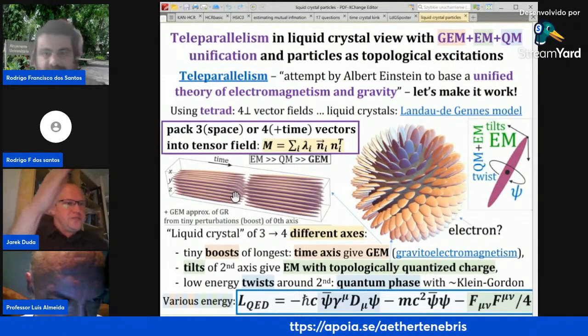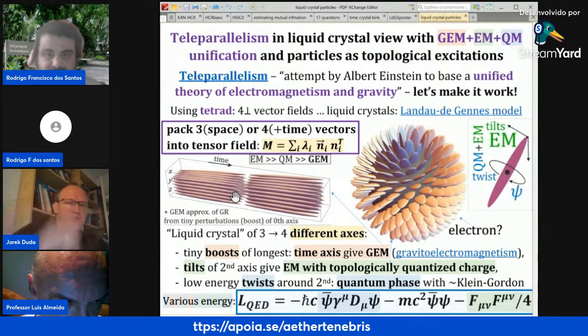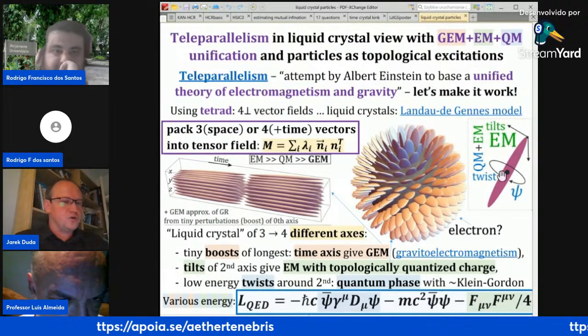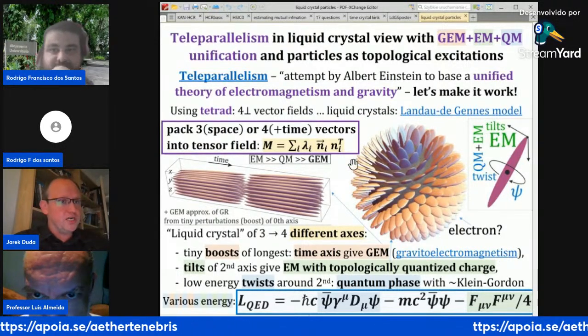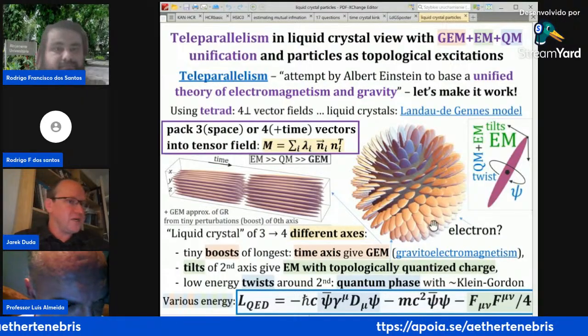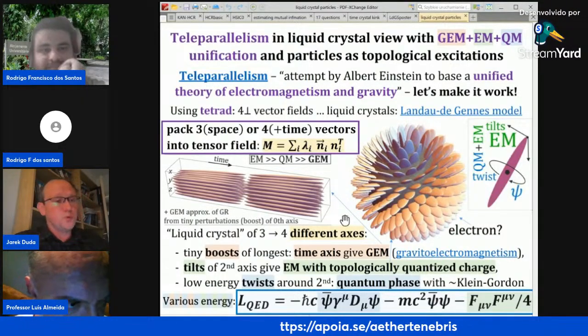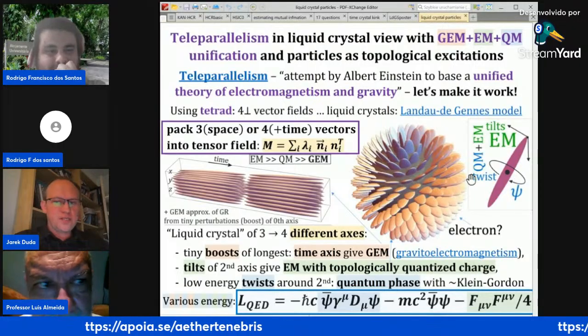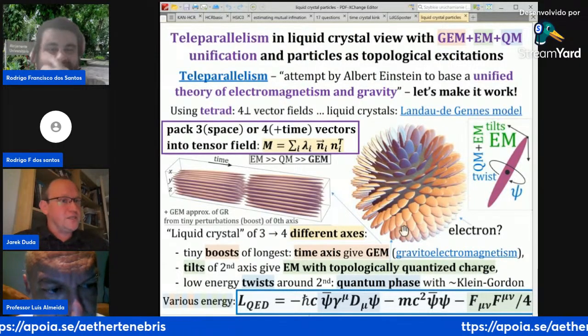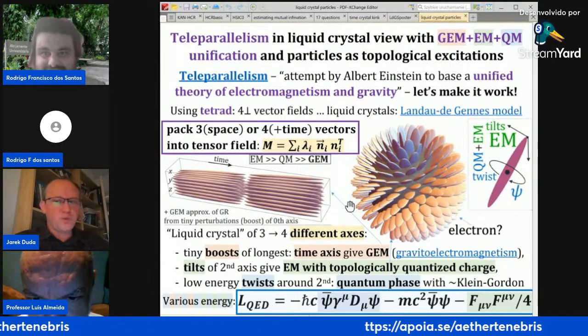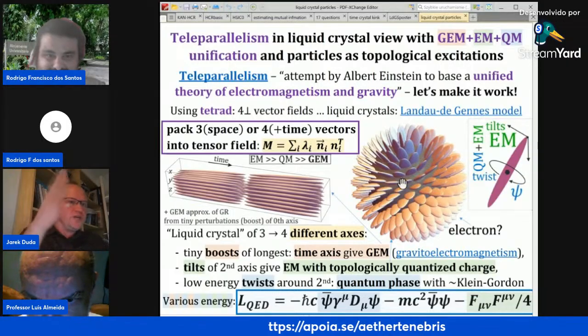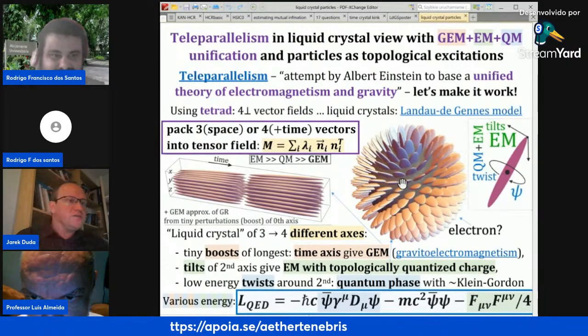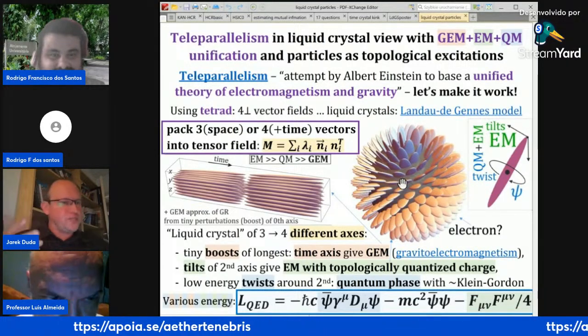Then in space we have the long axis, which performs a hedgehog, a topological charge, and they obtain Coulomb-like interaction for these quantized topological charges. So we get electromagnetism for this second axis, which works in space, and finally it recognizes the twists, and these twists correspond to the lowest energy.